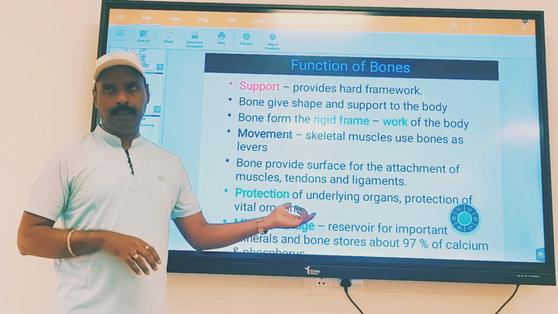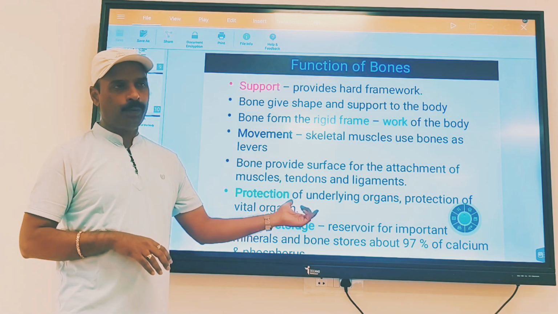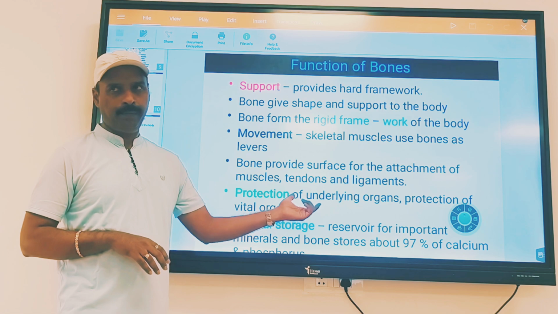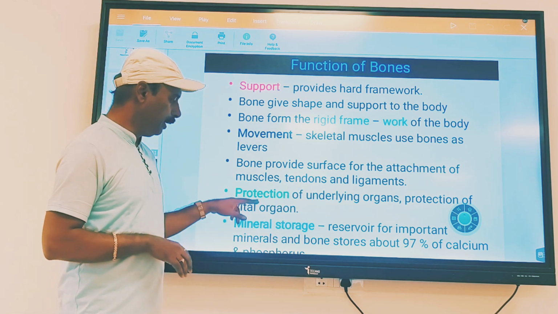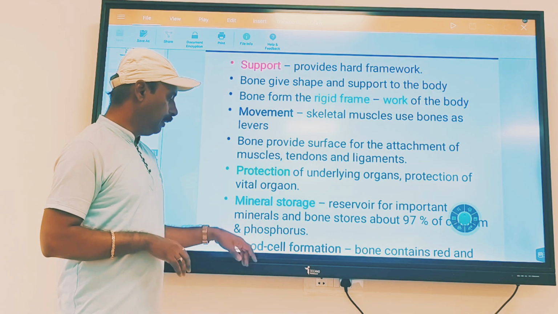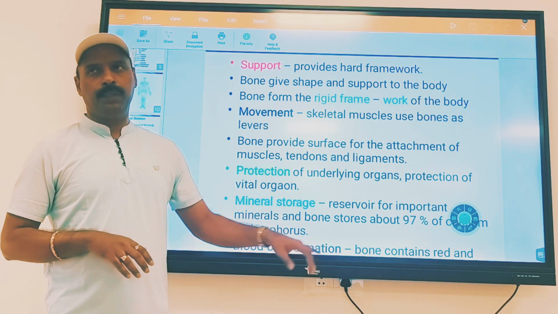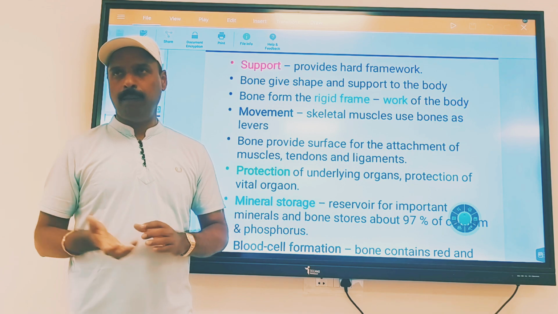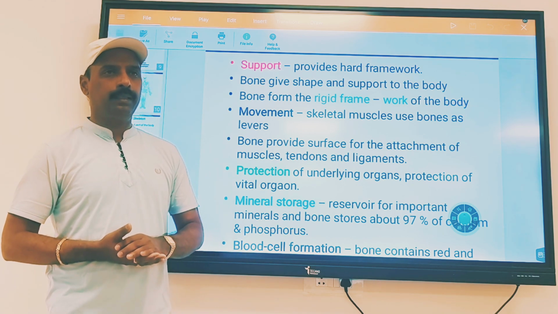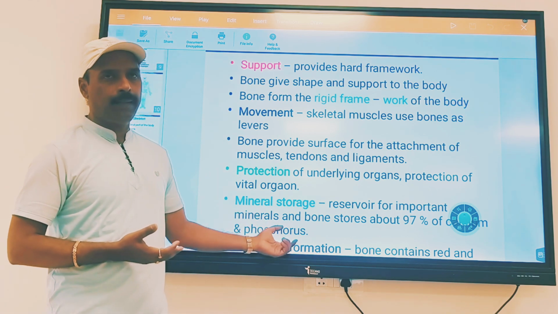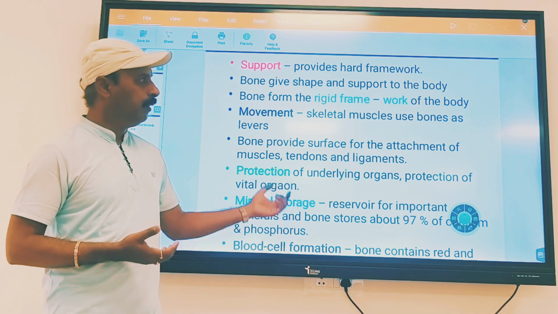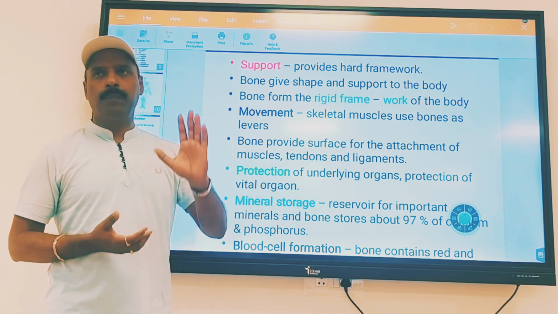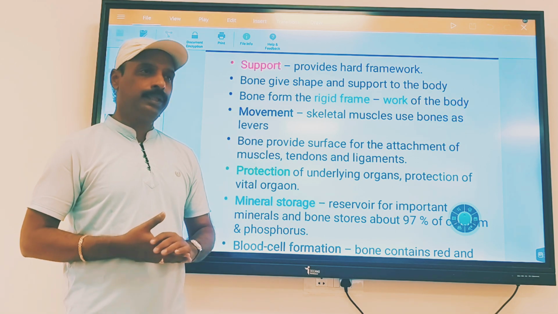Mineral storage, calcium. 97% of the calcium and other trace minerals are stored in bone, and that is all included here. Then next, blood cell formation. Bone contains bone marrow, and in the bone marrow the development of RBCs takes place. So these are all the most important functions of bone.